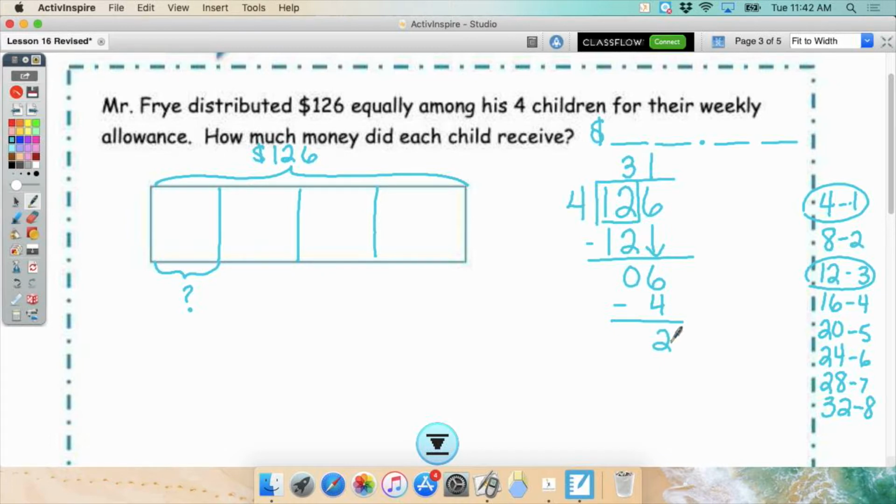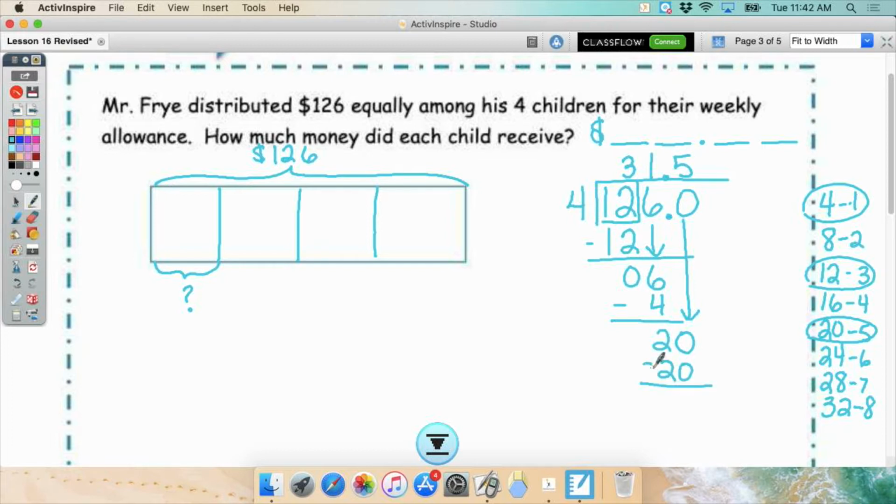So we're going to, before you add a 0, what do you have to do? Write a decimal, then add a 0. So I've got 20, and there is a 20. So that means I've got 31.5.